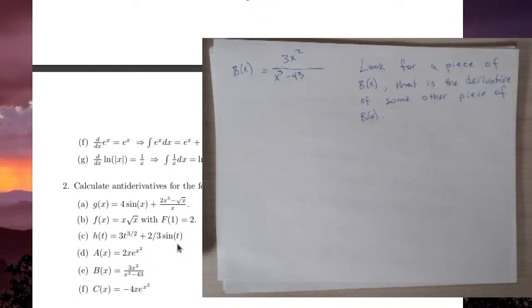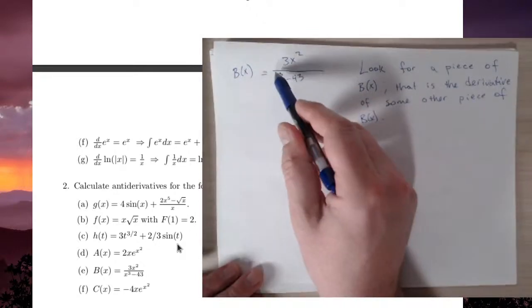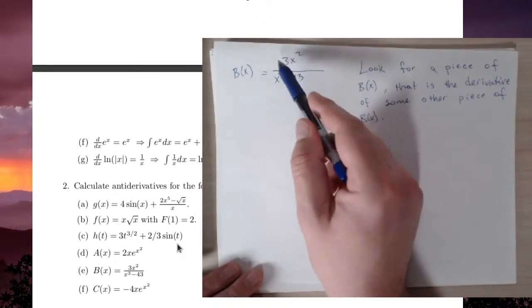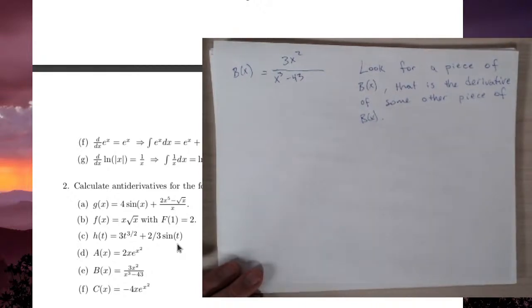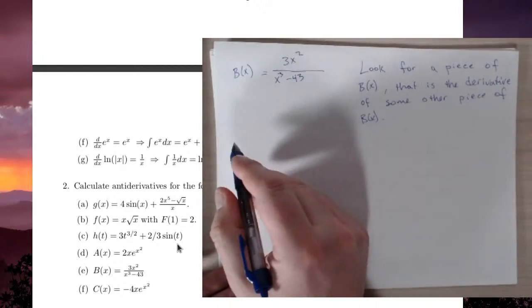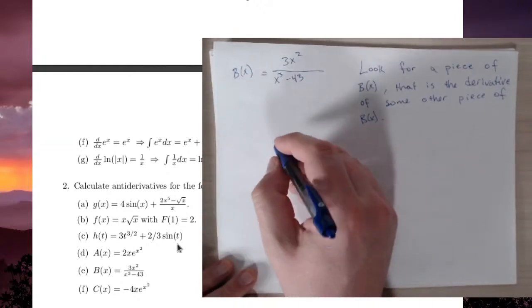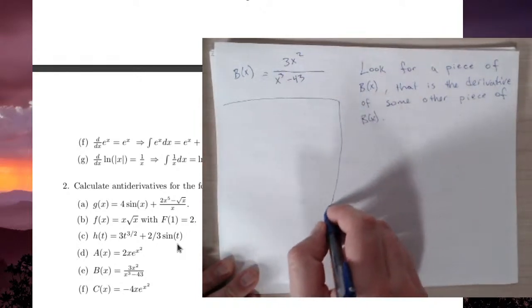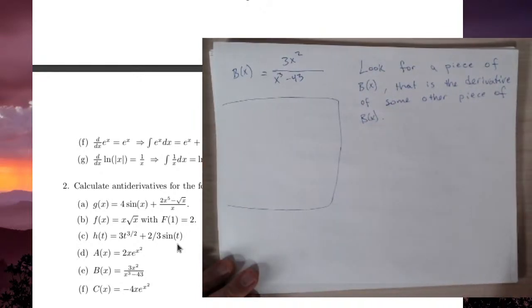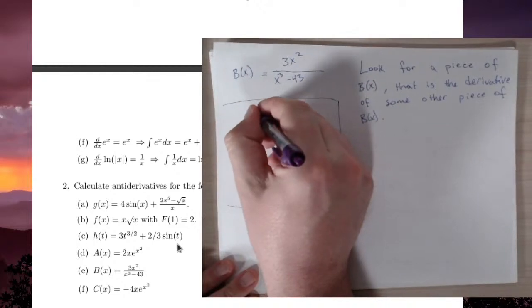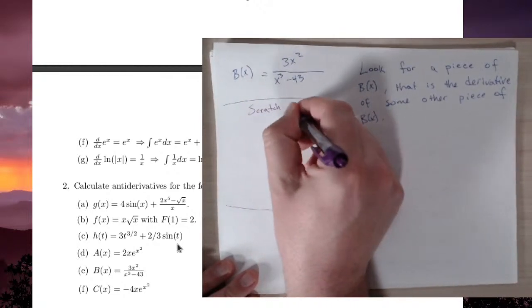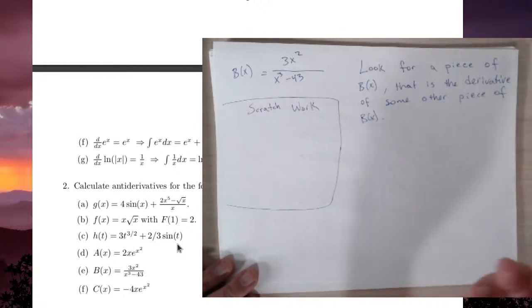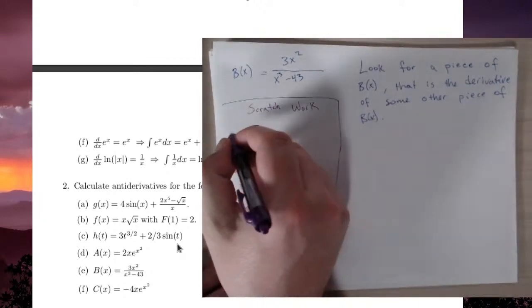Well, there's a couple choices, right? Obviously, there's something with the x cubed and the 3x squared. But what is it exactly? Let's do some scratch work over here. We'll switch to purple for scratch work. There's two choices.